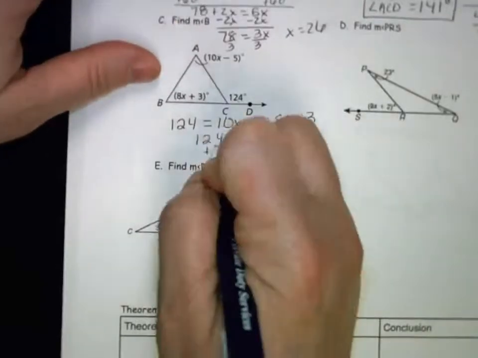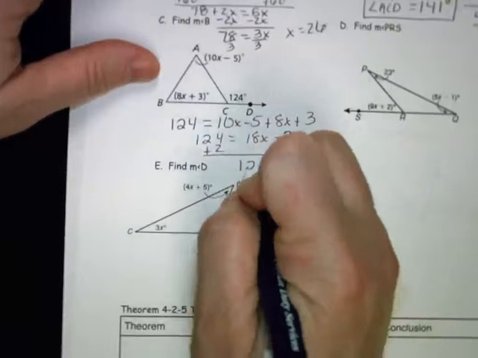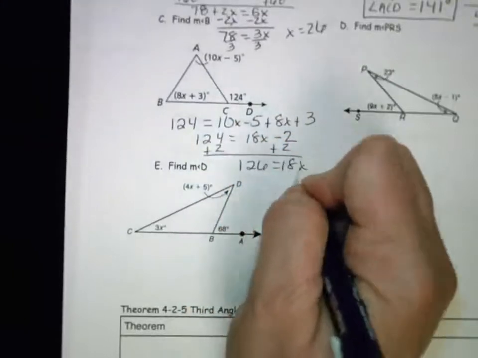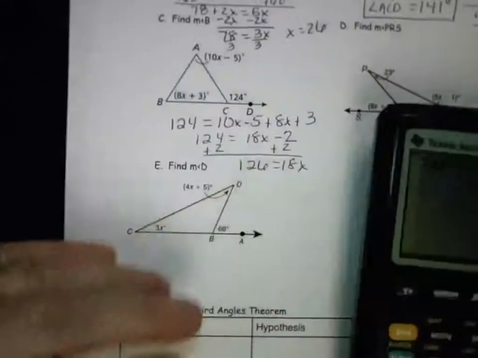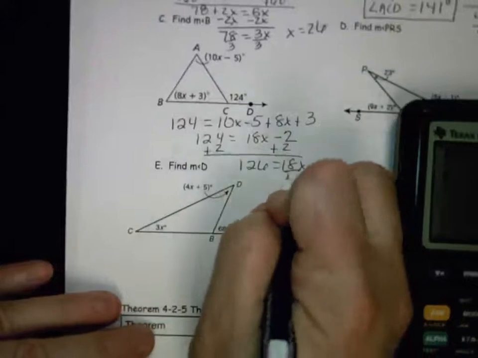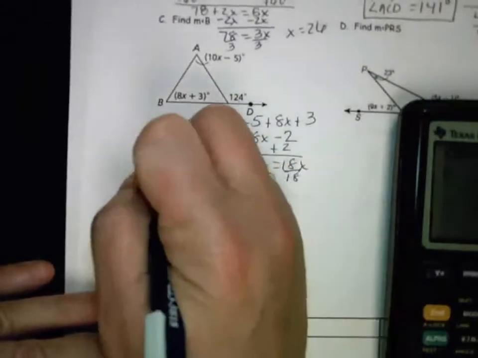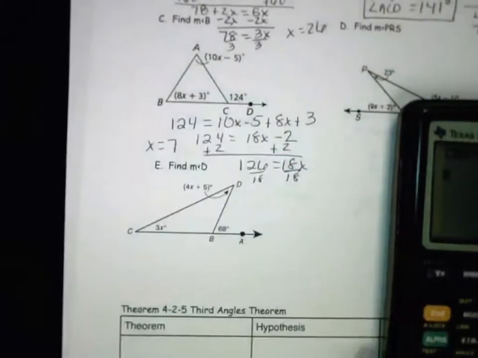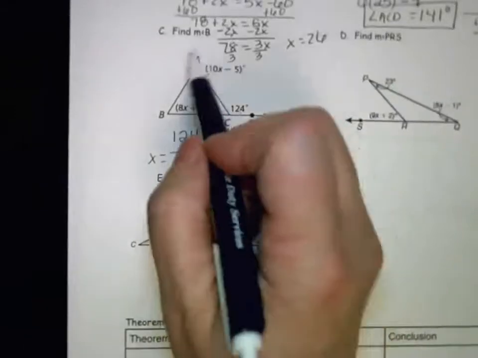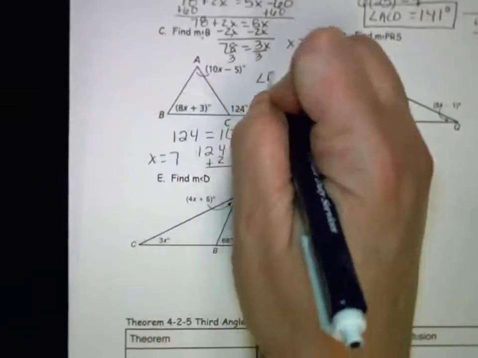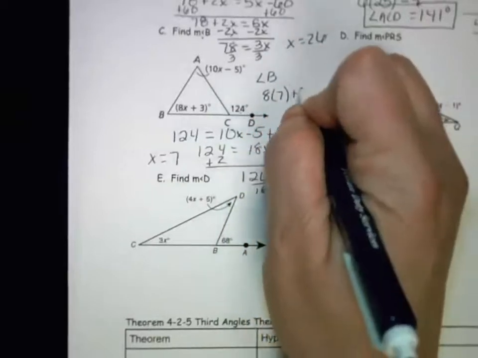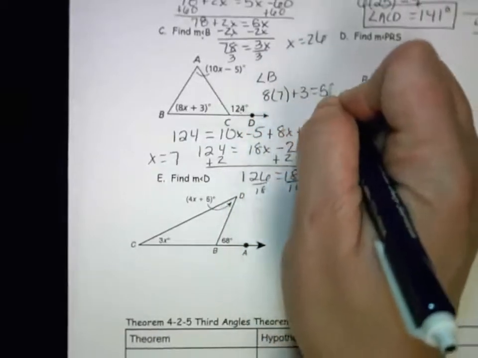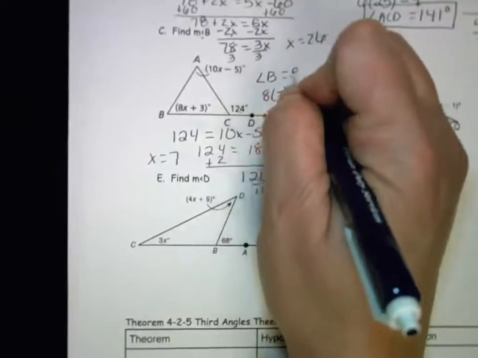Adding 2 to both sides, 126 equals 18x. 126 divided by 18 is 7. And in this case, we were asked to find angle B. So 8 times 7 is 56, plus 3 is 59.